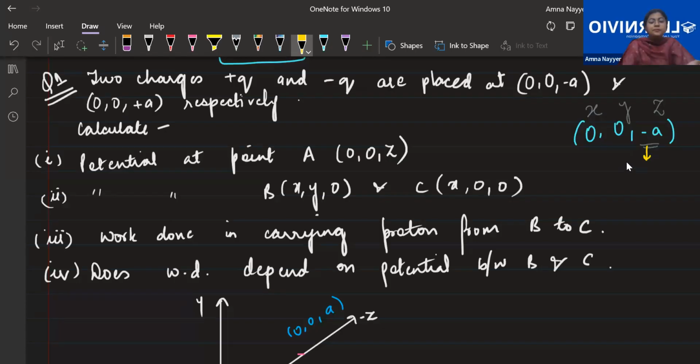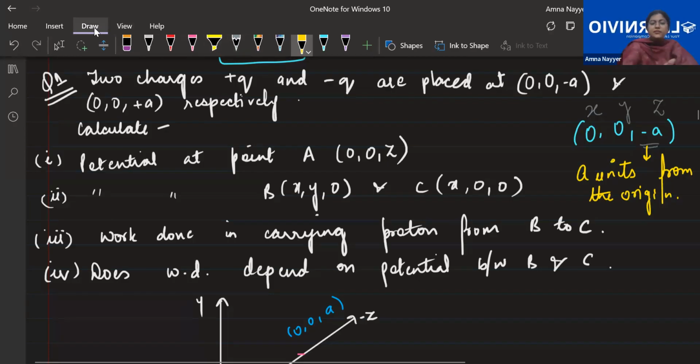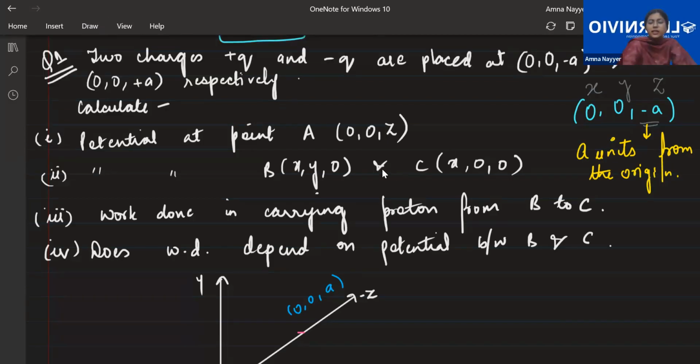What is minus a? One thing you know is it is on the Z-axis according to the divisions X, Y, Z. Next, this is a units from the origin, right? Now, if it is minus a, it means towards the negative axis; if it is plus a, it means towards the positive axis.